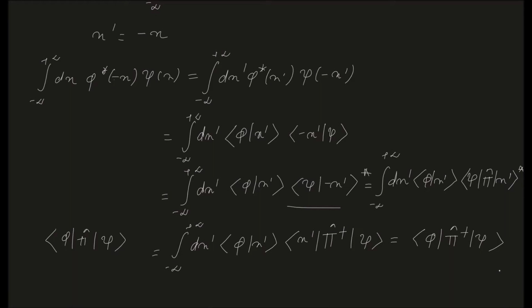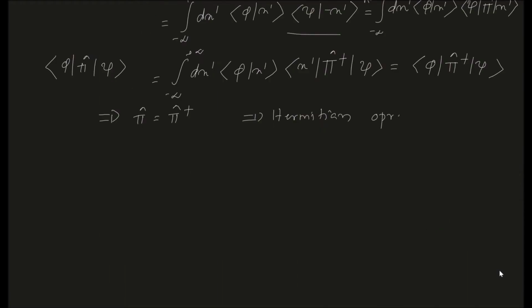The left side is ⟨φ|π|ψ⟩, and the right-hand side is ⟨φ|π†|ψ⟩, and this will give us that the parity operator π is equal to its adjoint, hence it is a Hermitian operator. So the parity operator is a Hermitian operator.